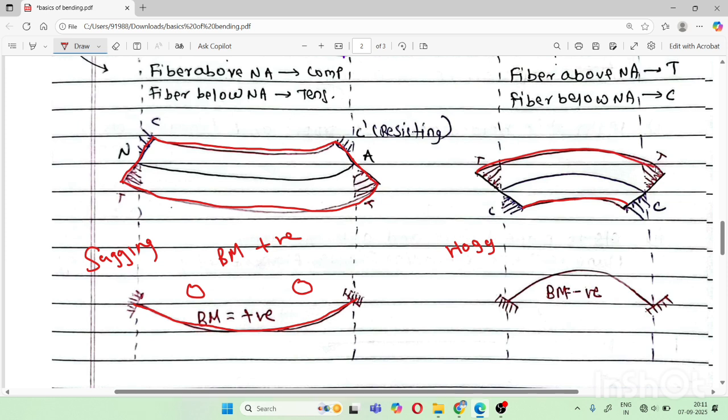This is the exact reverse, opposite behavior. You can see the neutral axis will be something like this. It is like a sad face, so we consider this negative. This is how you can remember: this is hogging bending moment. On your left side it is sagging bending moment.